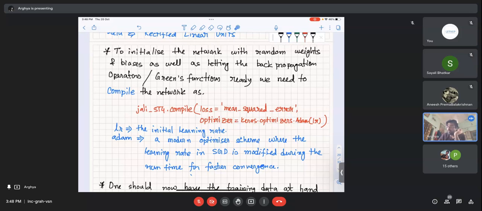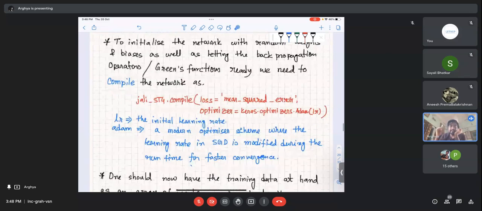Don't worry about why I have included this part here. It's something called Adam, because I'm coming to what Adam is, and Adam takes an argument, which I just said, LR, and that is the learning rate. So the learning rate is the initial learning rate, this eta that we talked about. You have to fix that by hand, as I've said. So while compiling, you have to say what your learning rate is.